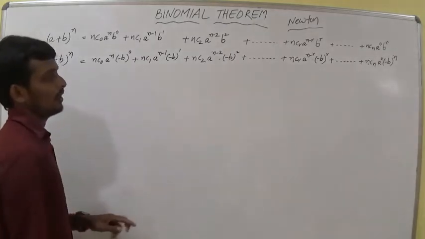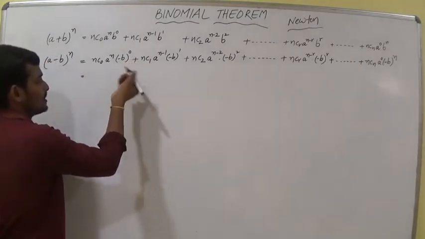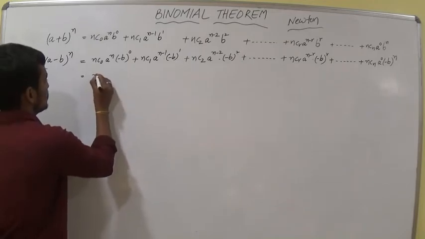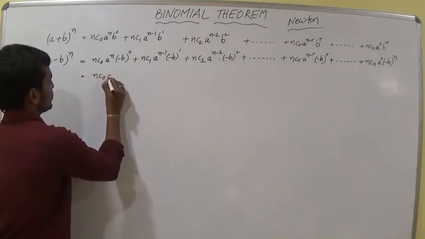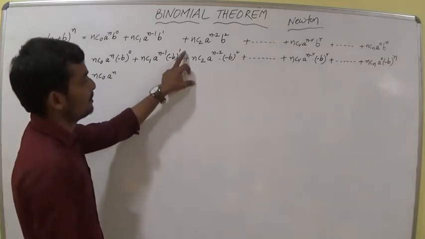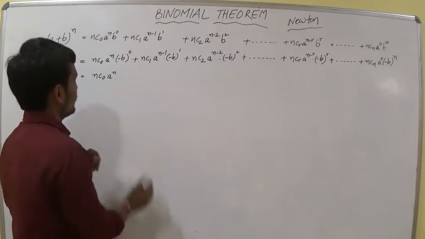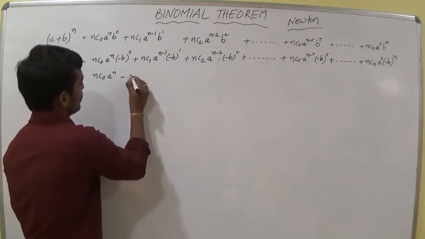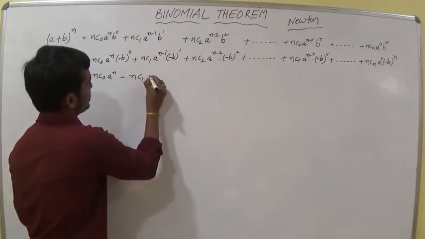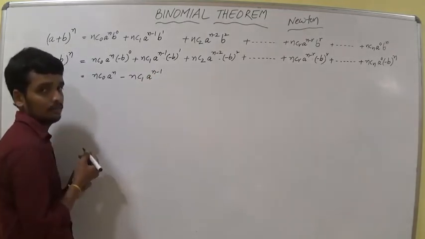So now we are solving. Minus b power 0 is 1, so this is nC0 a power n. Here minus b power 1 means minus b. This plus becomes minus, so this is minus nC1 a power n minus 1 b.